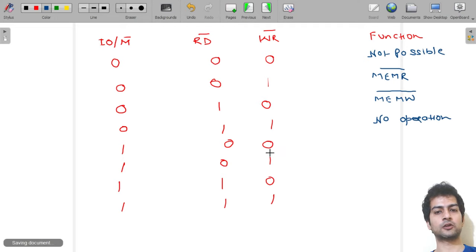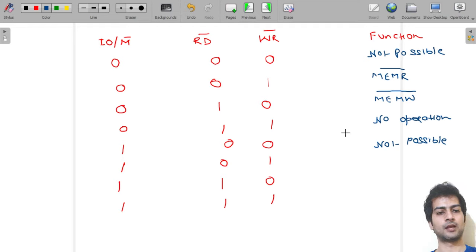Now here again 0 0, that is not possible. If read bar write bar is 0 0, then the function will be not possible, and if read bar write bar is 1 1, then it means no operation. Now here we are dealing with the input.